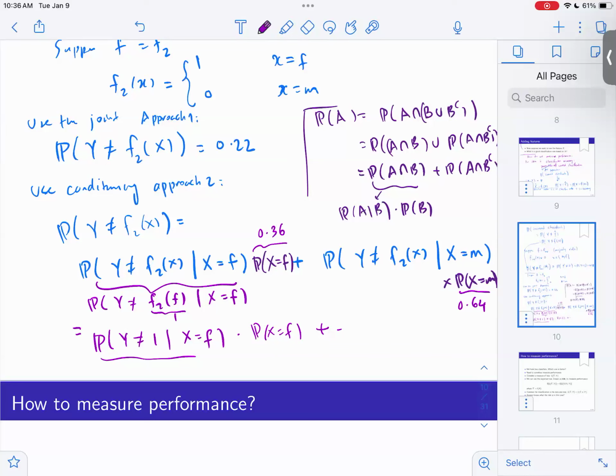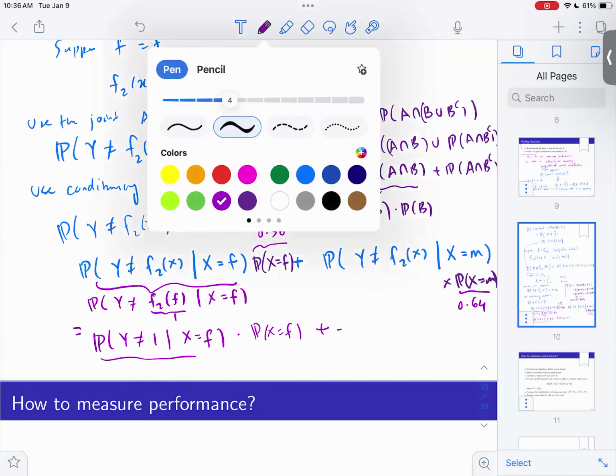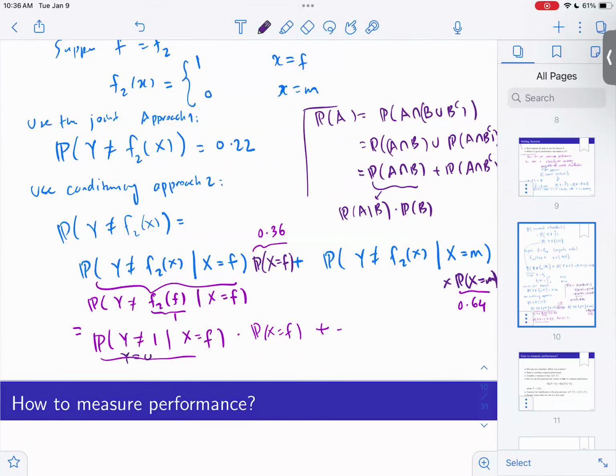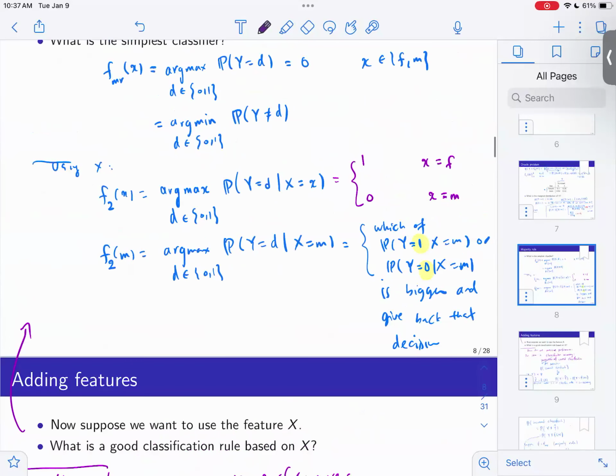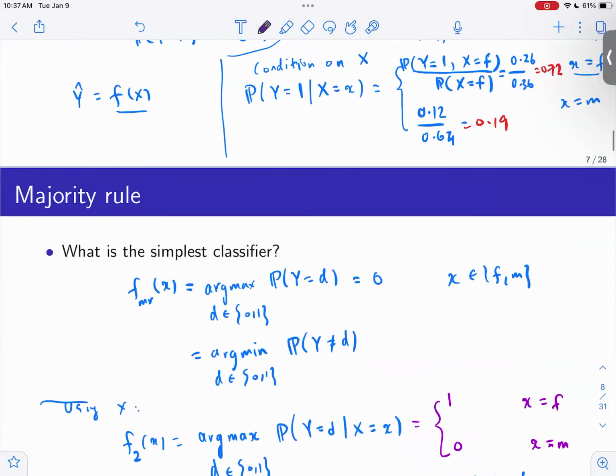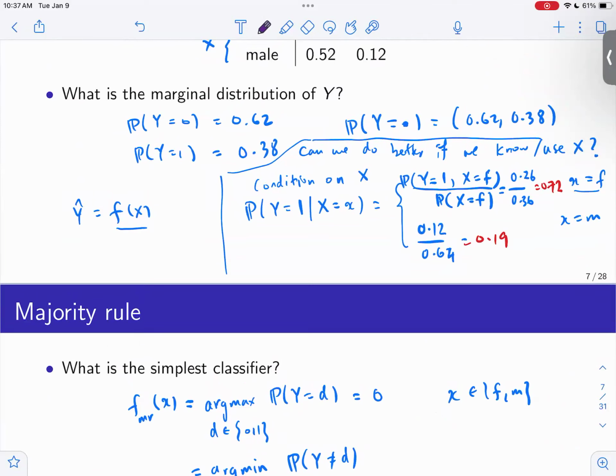In any case, this is the probability that y is equal to 0, which is supposed to be 0.28. The probability that y is equal to 1 is 0.72, so the probability that y is equal to 0 is 0.28.